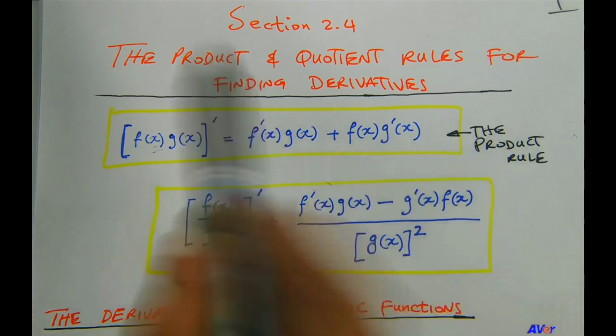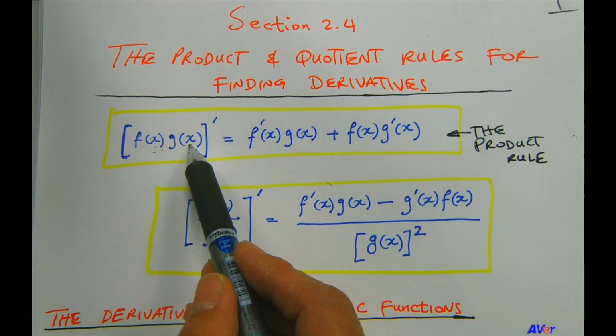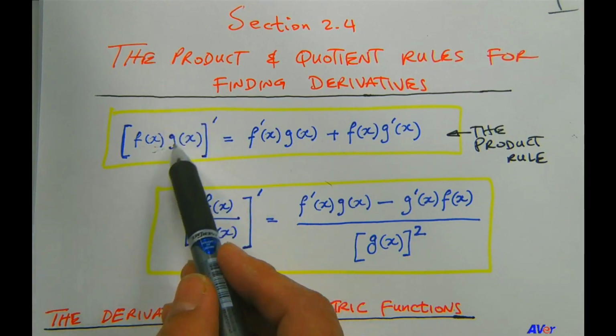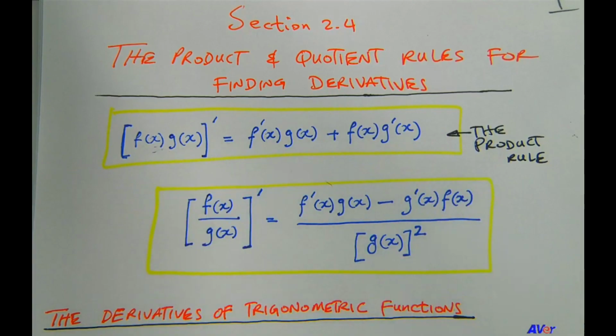In other words, the derivative of the first function times the second function plus the derivative of the second function times the first function. That's called the product rule.